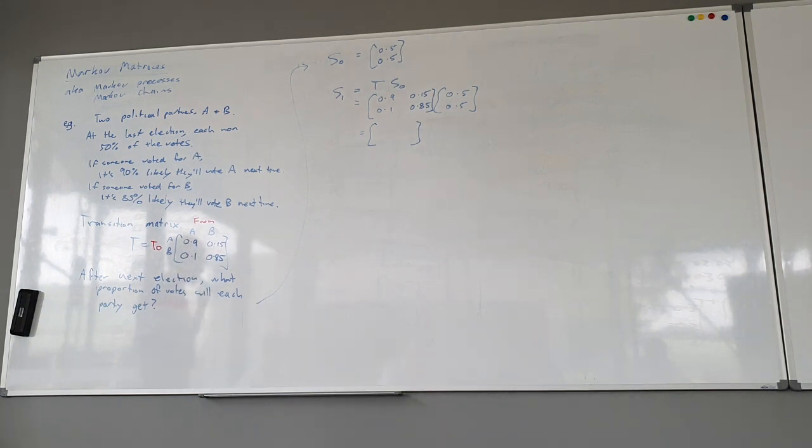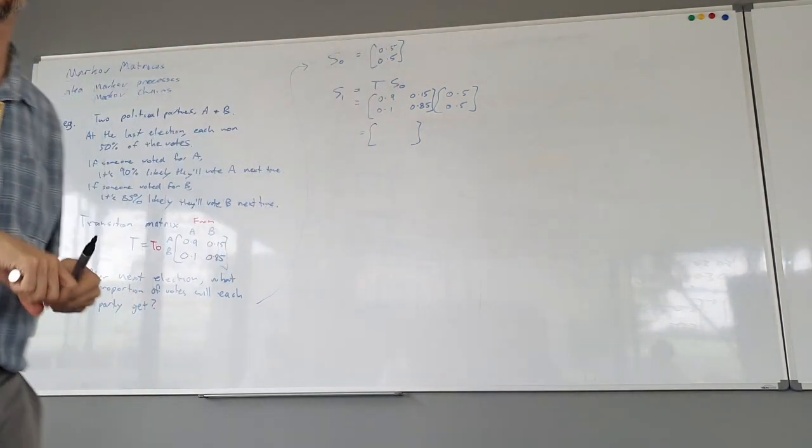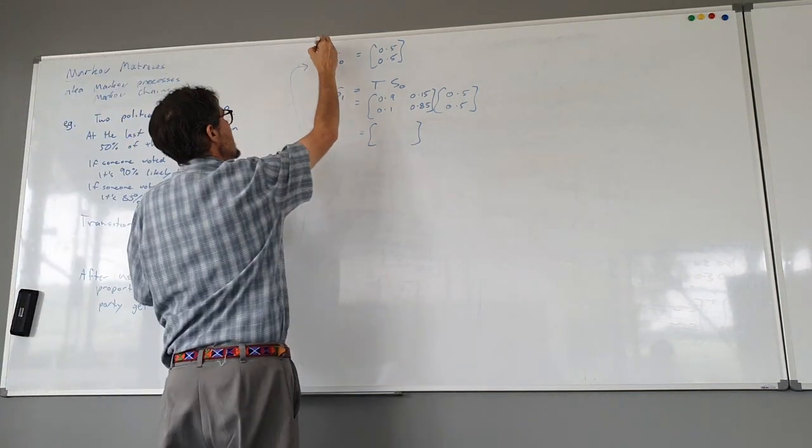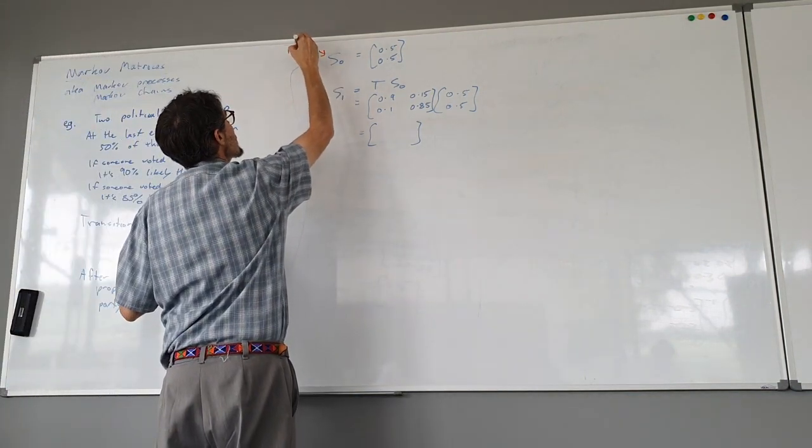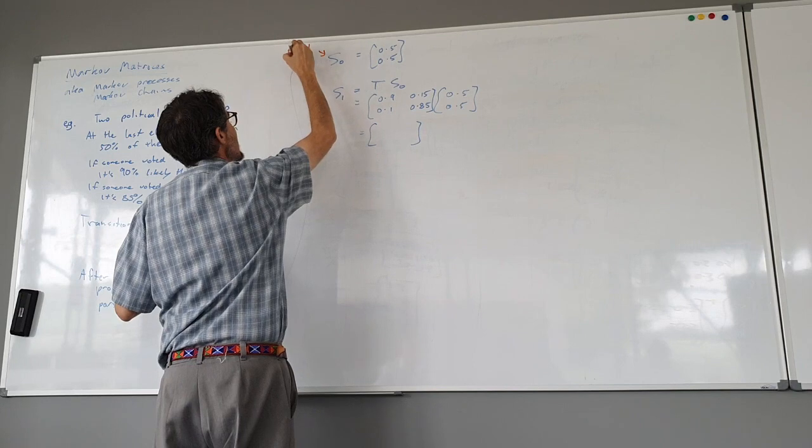S naught is the first election, S one is the second. Capital S like state? S for state. Because these are actually modelling progressive, one state, then the next state, then the next state, then the next state. Initial state.